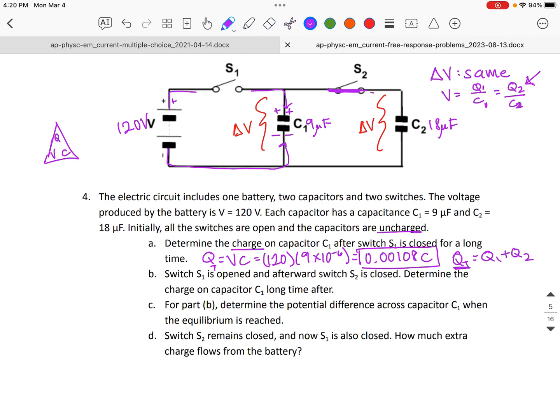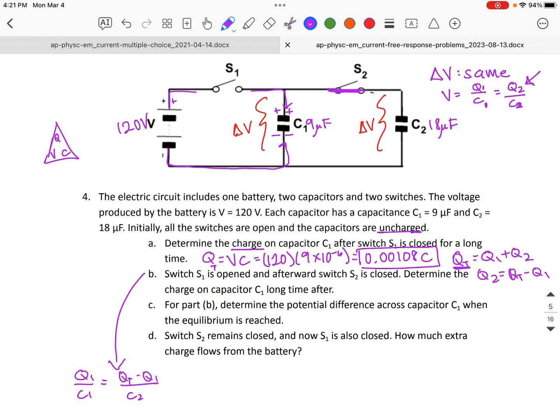Let me actually do this work down here. We can take our Q1 over C1 and set that equal to Q2, which is equal to Q total minus Q1, divided by C2. And now we need to isolate Q1 because Q1 is unknown.